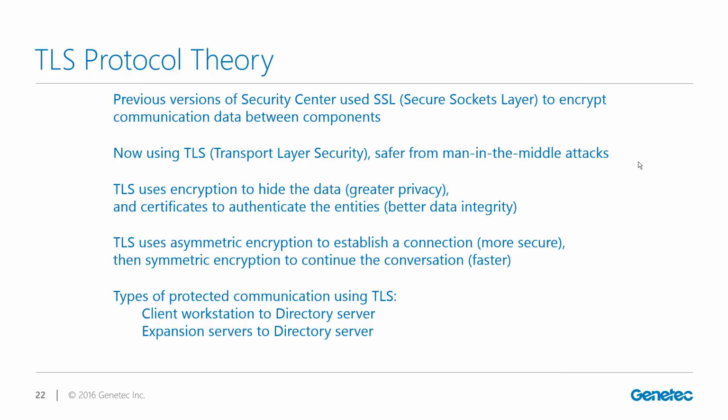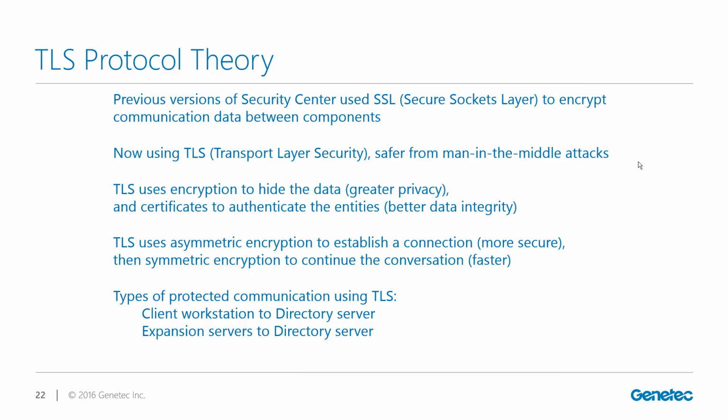It's using both. We mentioned before when we were looking at encryption, we have asymmetric and symmetric. TLS is using both. Originally it's going to use asymmetric encryption to establish a connection because that's more secure, but we remember it's heavier too. Once it's got that secure connection going, it's going to switch over and use symmetric encryption at that point, and that's basically to continue the conversation.